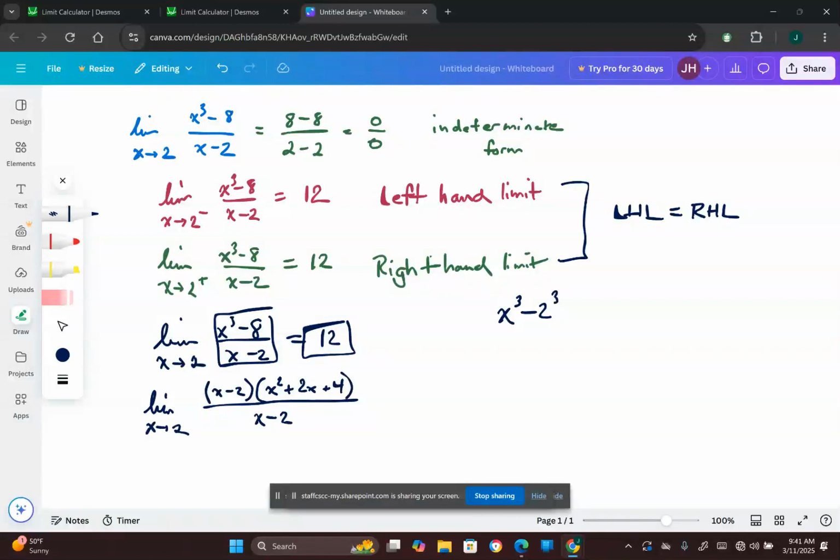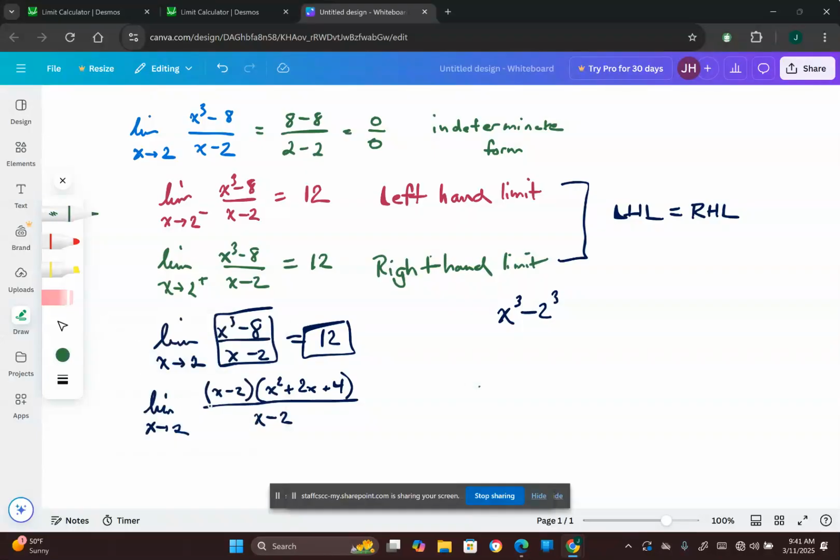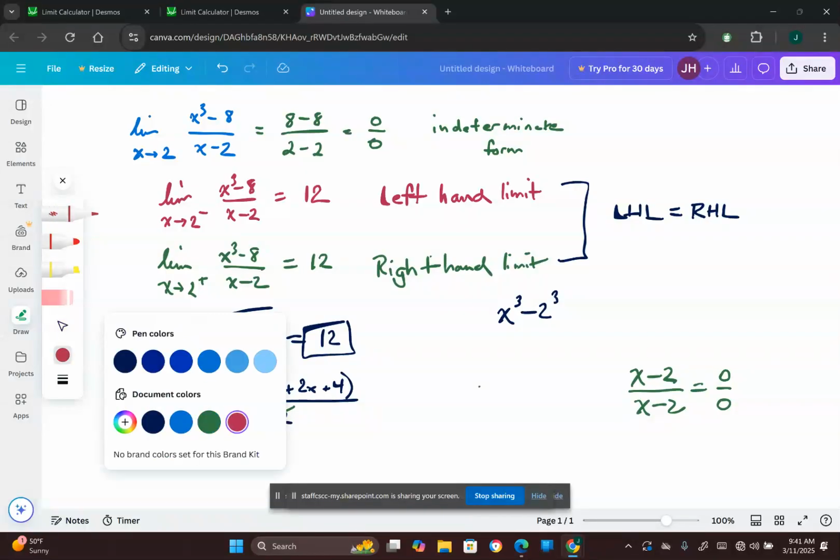Now, since I plug in 2 and it gives me 0 over 0, here's what you're going to see. Those x minus 2's are going to cancel. Well, x minus 2 over x minus 2, if you plug in 2, you get 0 over 0. So we are technically canceling out the 0 over 0, which allows me to basically try this limit again.